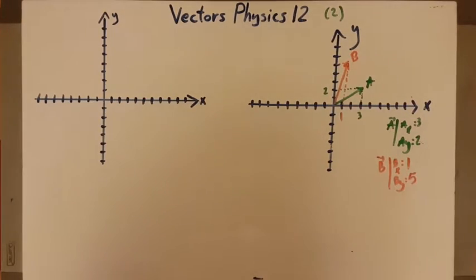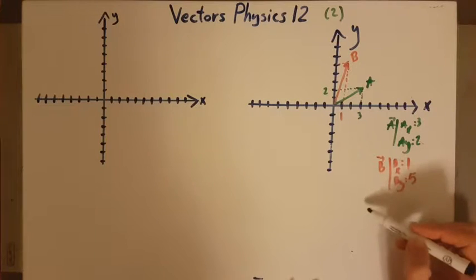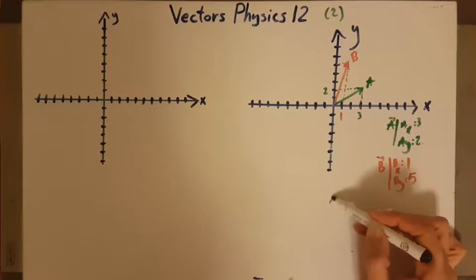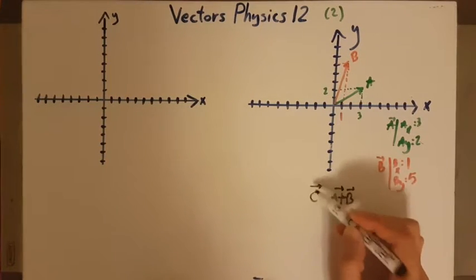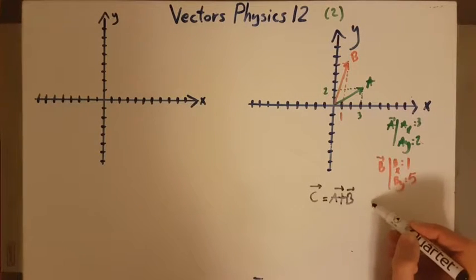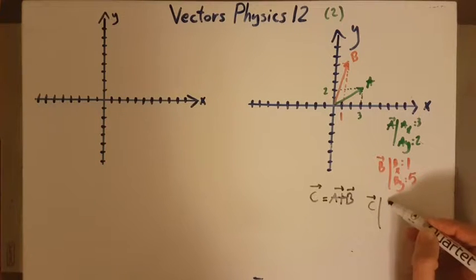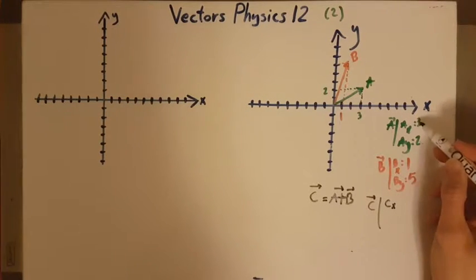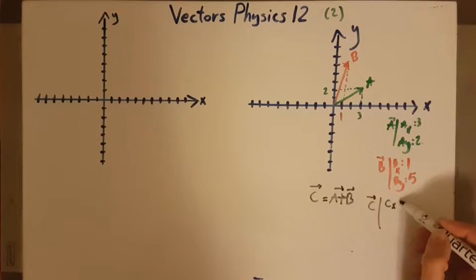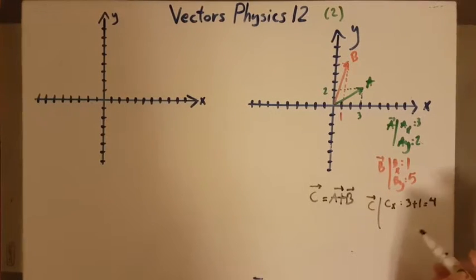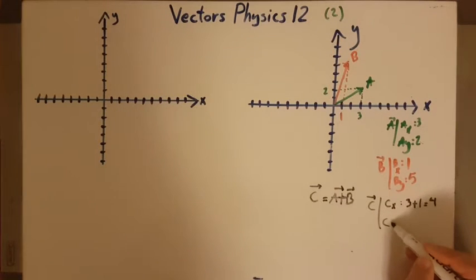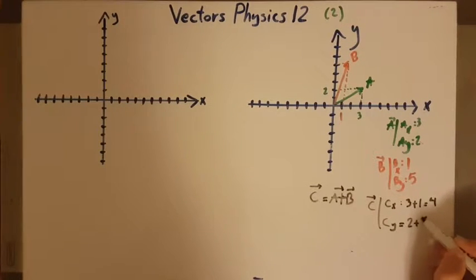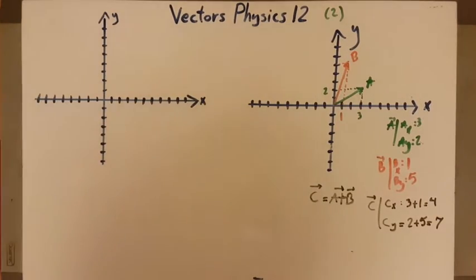Okay. So now finding the addition, let's say A plus B equals a vector called C. I'm looking for C here, and the CX would be 3 plus 1, which is 4, and the CY would be 2 plus 5, which is 7.